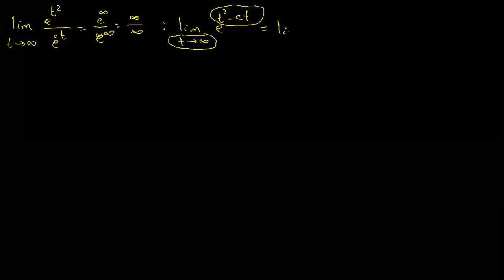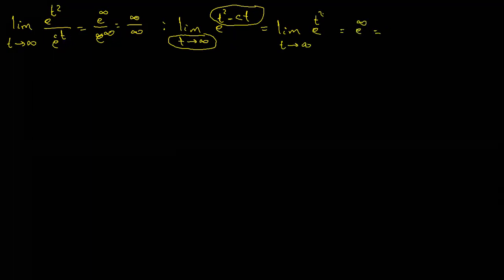So I have the limit of e to the t squared when t tends to infinity equal to e to the infinity, which is infinity. So my function, e to the t squared, is not of exponential order, because the answer is infinity.